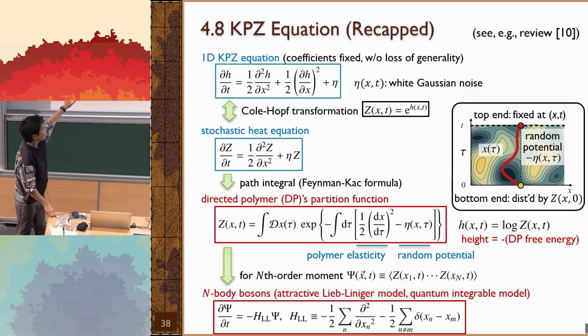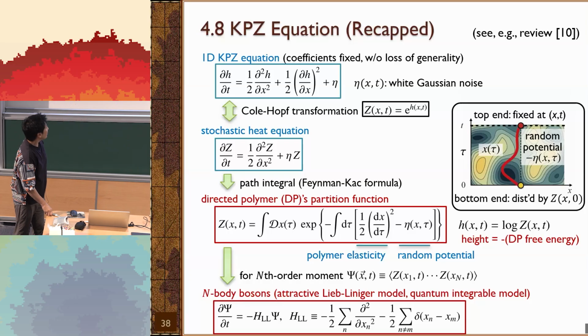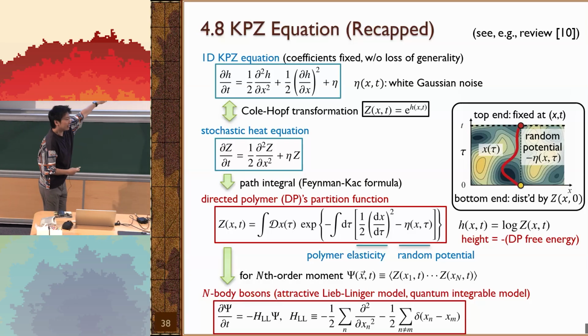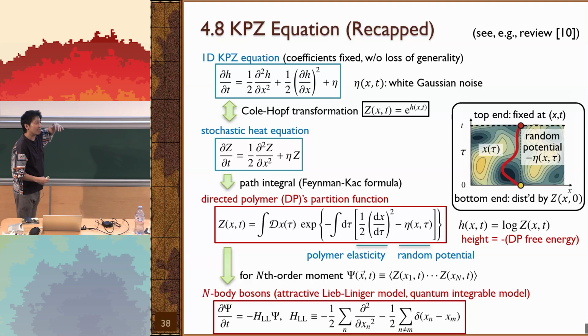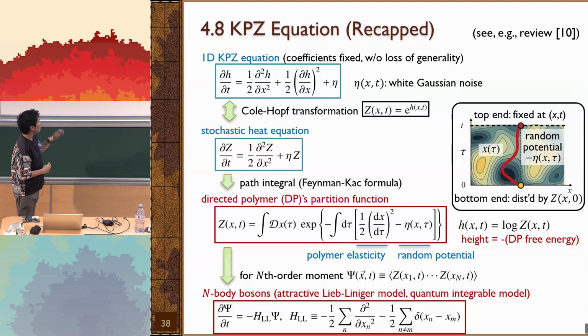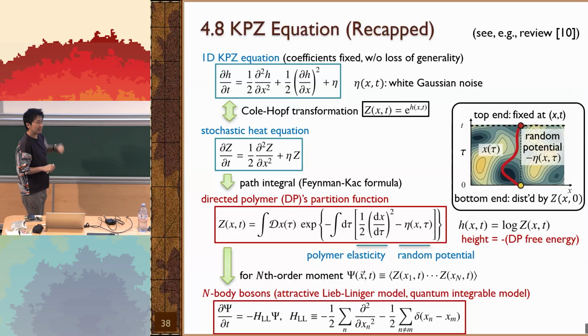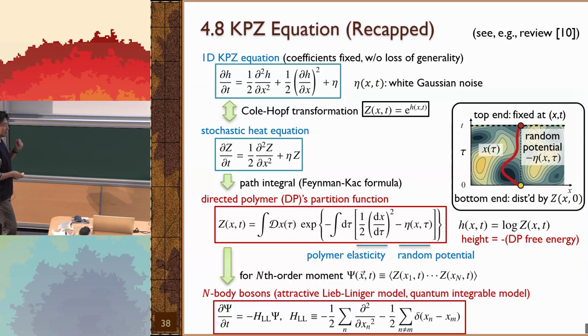Here, I don't deal with the Dyson Brownian motion. I just converted the KPZ equation to something else, and then we get this. So x here has nothing to do with the eigenvalues of the Dyson Brownian motion. So the variables are actually very different between the two cases. So yeah, here we have attractive interaction.